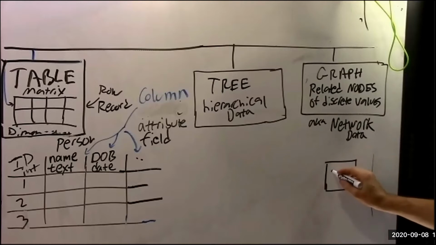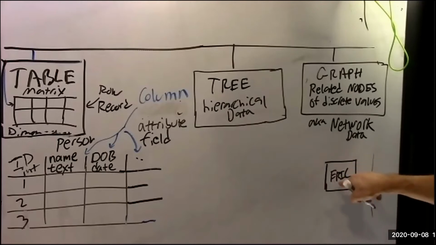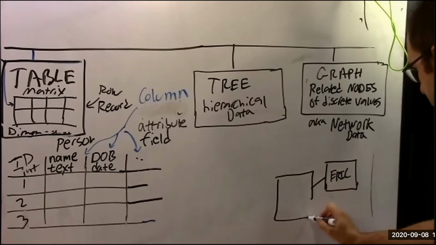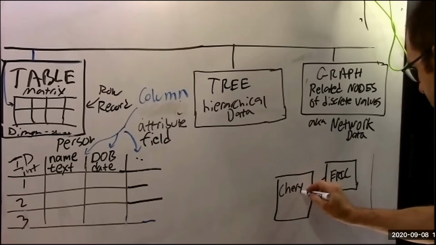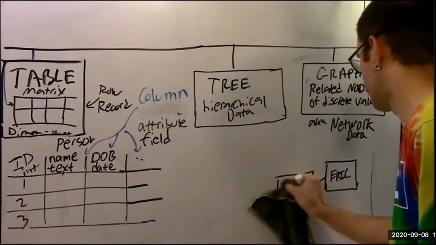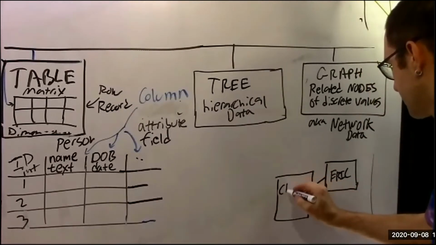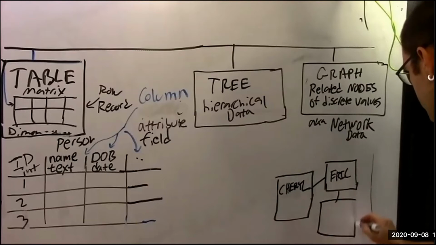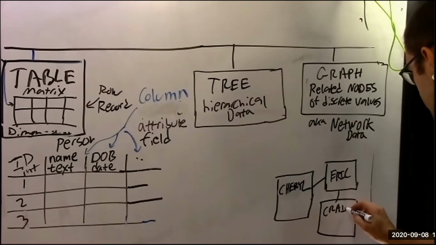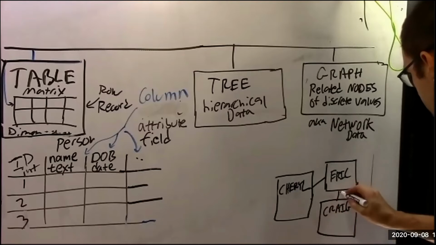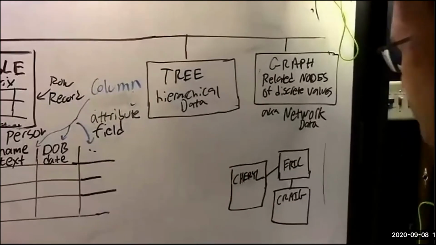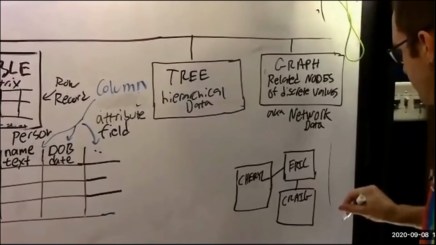So I could create network data of related individuals. So each node represents a person, and then nodes can be related to one another. So I could do the people I am biologically related to, my parents, Cheryl and Craig. And this line that I'm drawing between them is important because that line represents some form of connection.